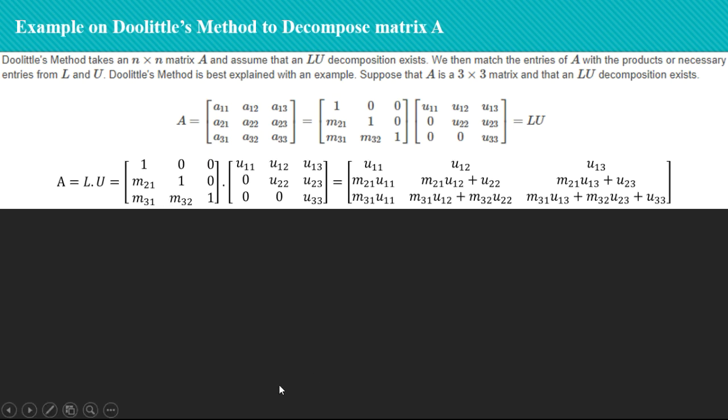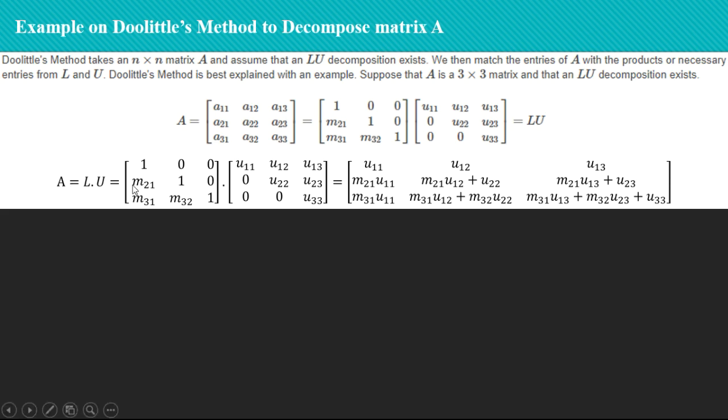I have considered 3 cross 3 lower and upper triangular matrices. The same procedure will be used for 4 cross 4 and 5 cross 5 matrices, but through the 3 cross 3 matrix we will discuss the procedure of how to decompose a matrix A through Doolittle's method.